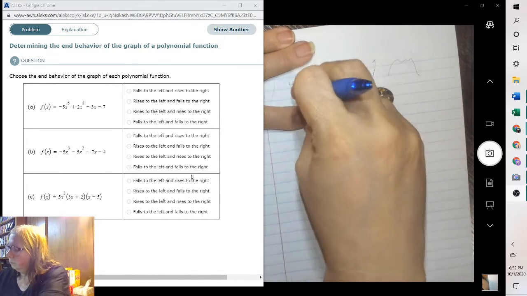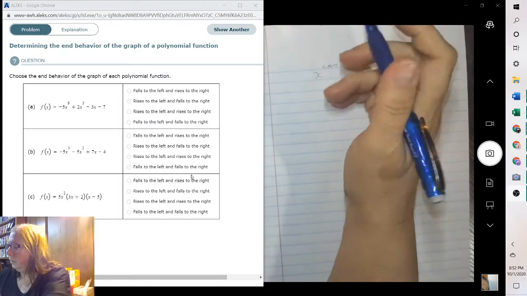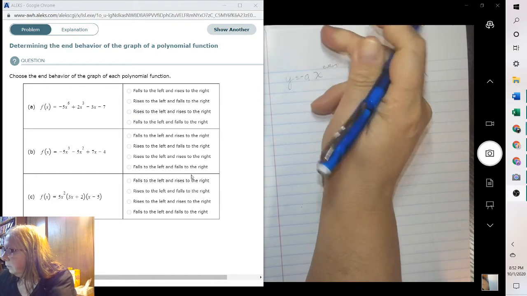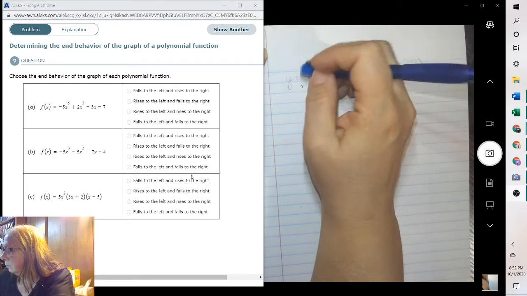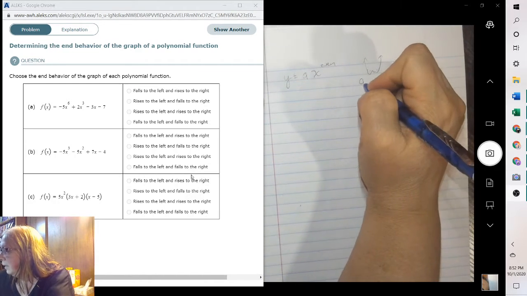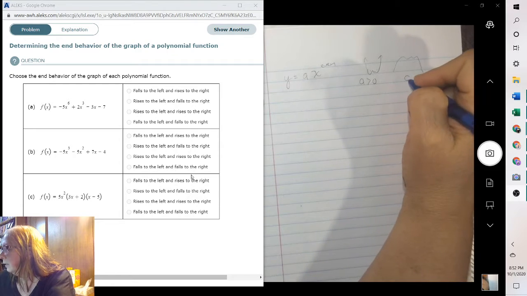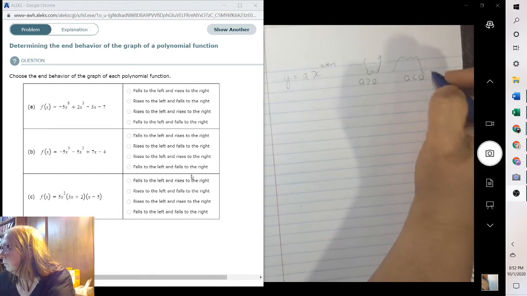Now, let's put a letter in front, our base. If a is greater than 0, it goes up. If a is less than 0, it goes down.